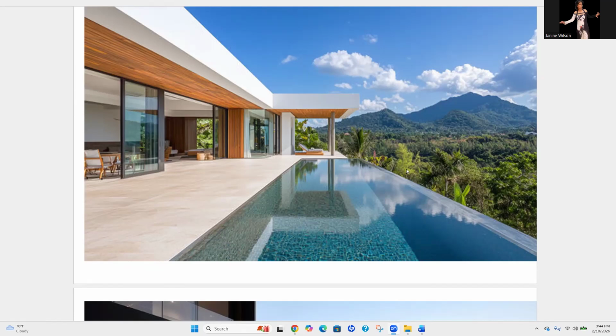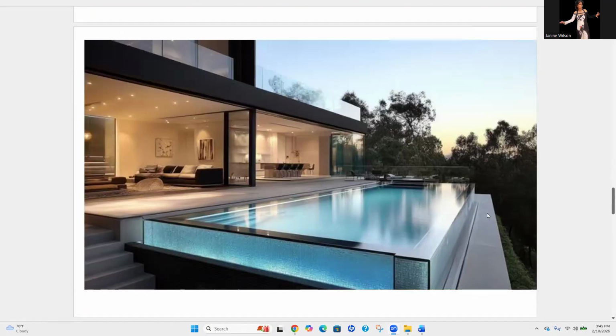But this also has a vanishing edge, and so it's the best of everything. The next one is more of a vanishing edge pool because the water does not flow over this fourth edge. It only flows over three of the edges, and it has some sort of glass, plexiglass look.